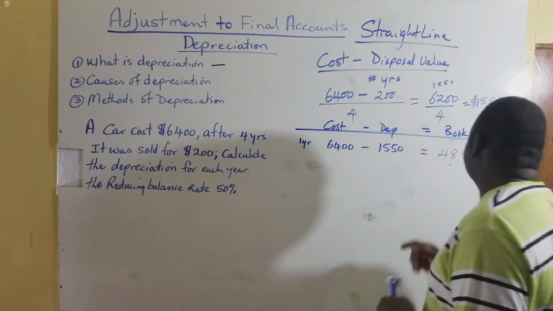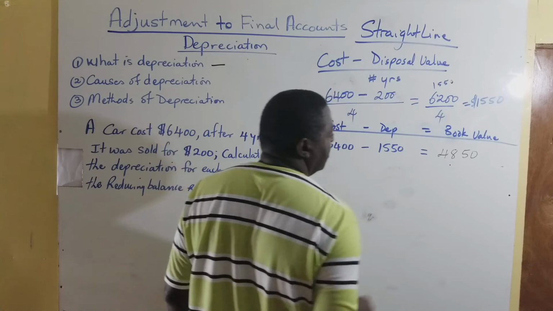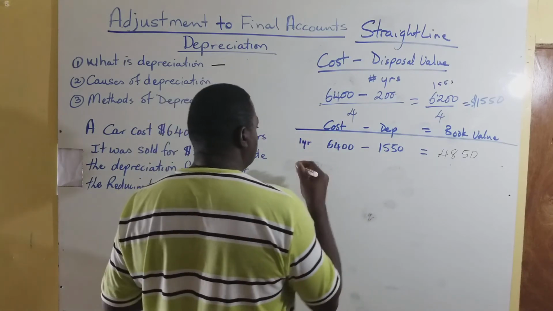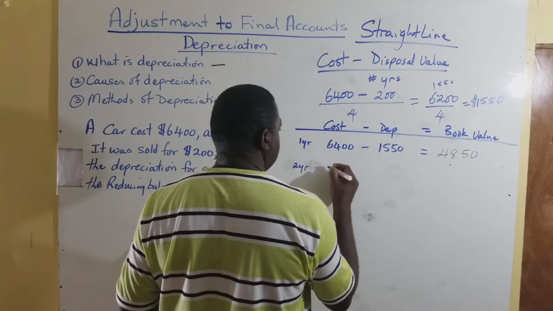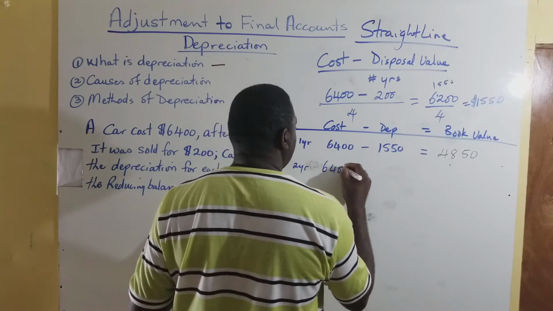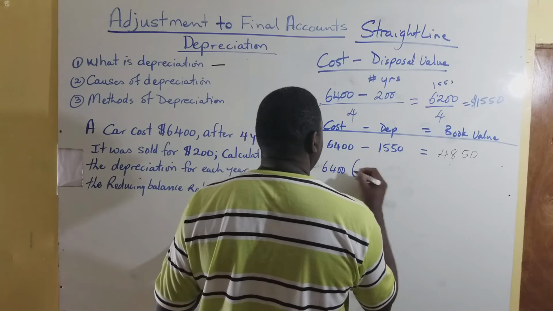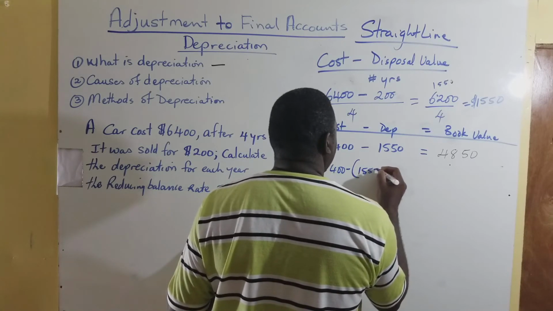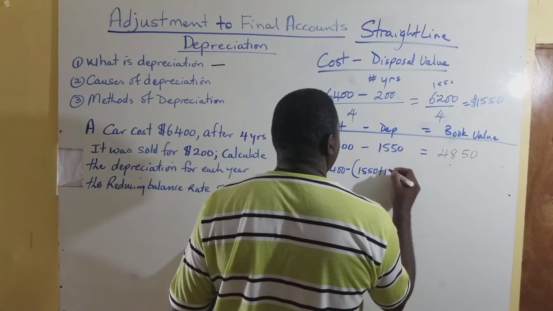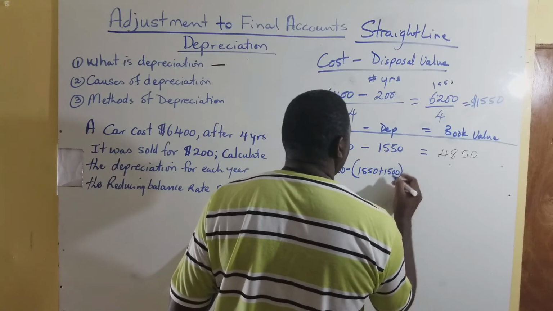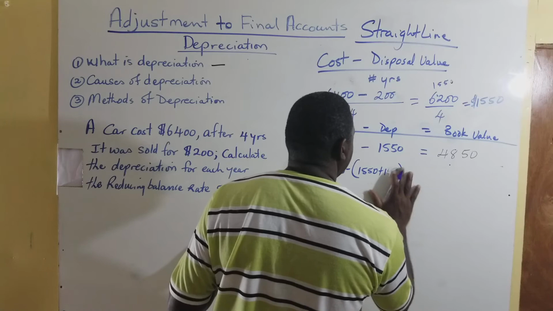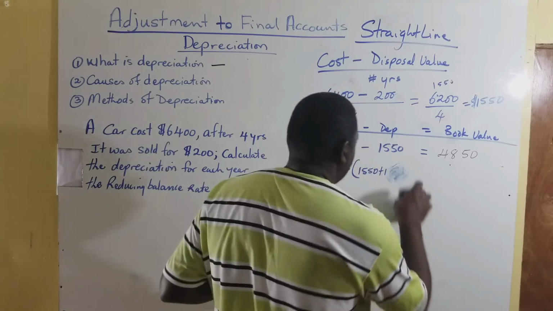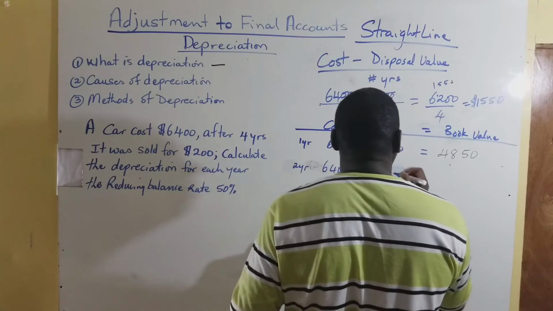All right, so the book value at the end of the first year will be 4,850. Year 2, 6,400, right, minus 1,550 plus 1,550.